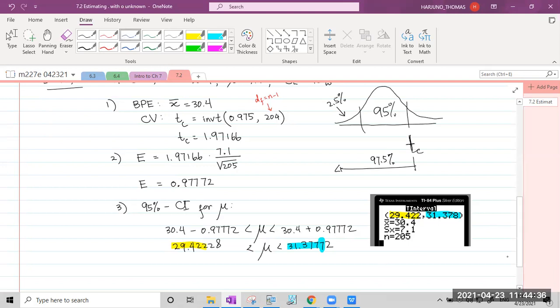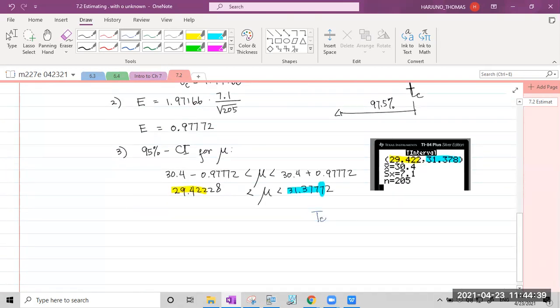So to summarize, to confirm with the calculator, you go to Stat, and then Test, and then T interval. Okay, and then you go on from there.